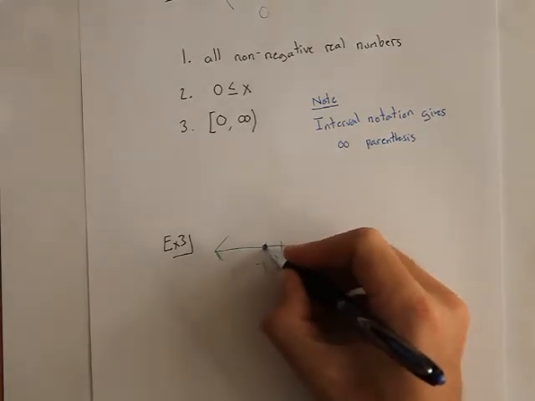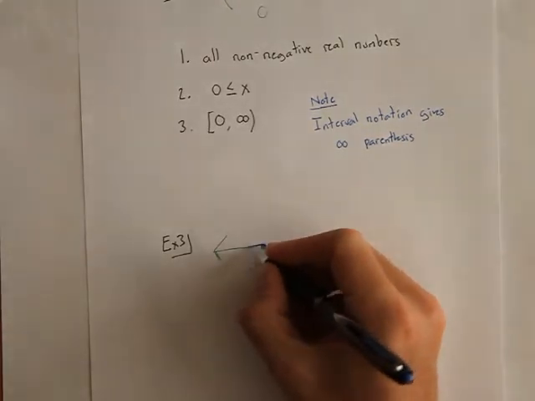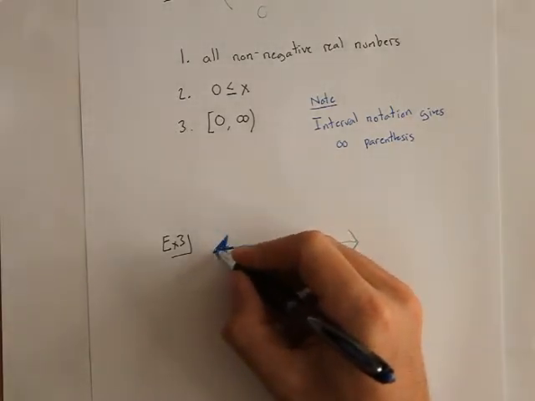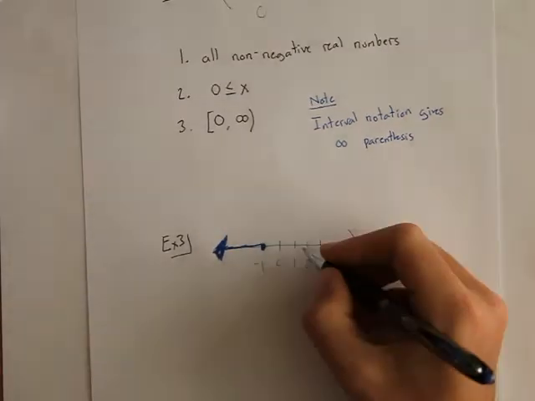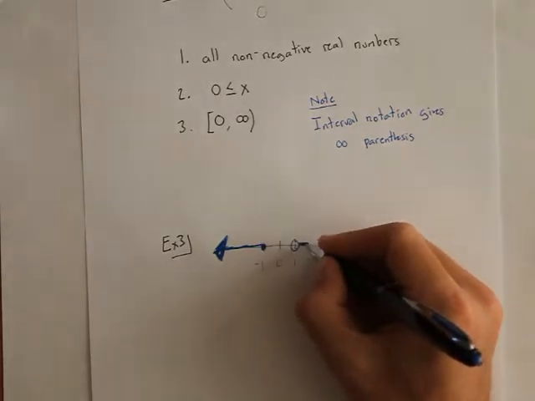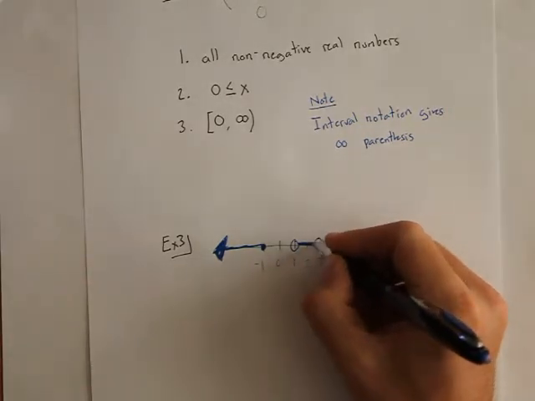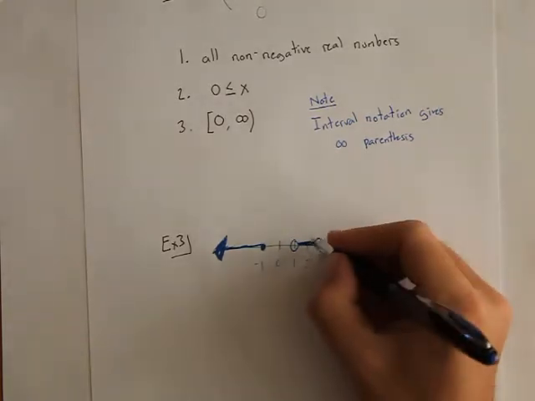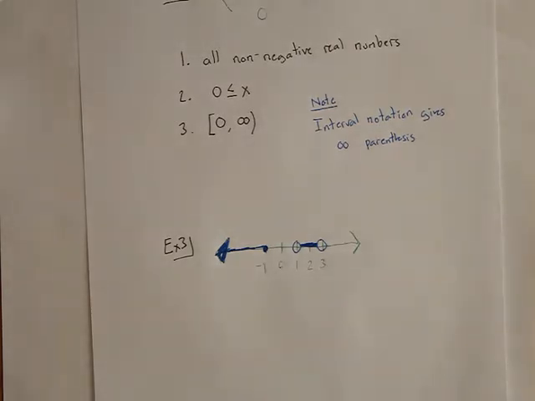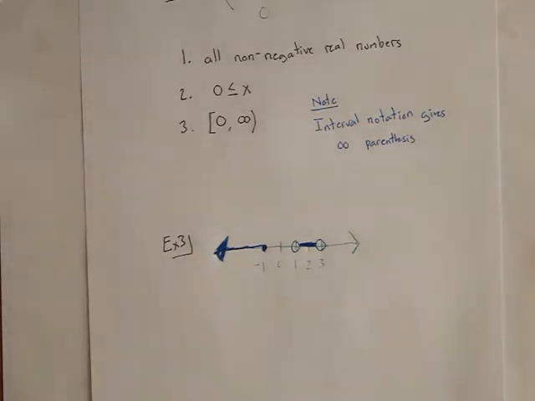Let's make a closed dot here. Fill in the arrow. And then over here, let's go +1, filled in, +3. So suppose I've got some weird function, maybe it's a piecewise function, maybe it's something else, and this is the domain that I'm interested in.